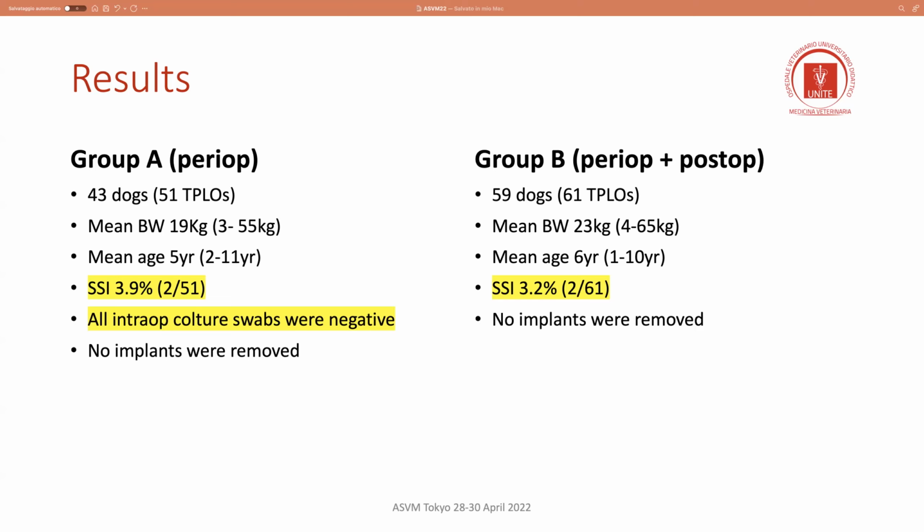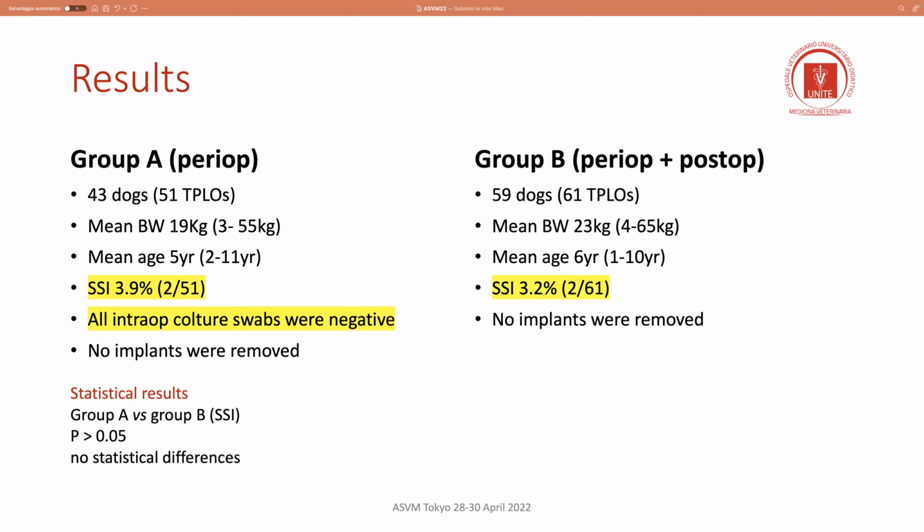The control group included 59 dogs with 61 TPLOs. The mean body weight was 23 kilos, ranging from 4 to 65 kilos, and the mean age was 6 years, ranging from 1 to 10. The surgical site infection rate was 3.2%, 2 cases on 61, and no implants were removed in this group as well.